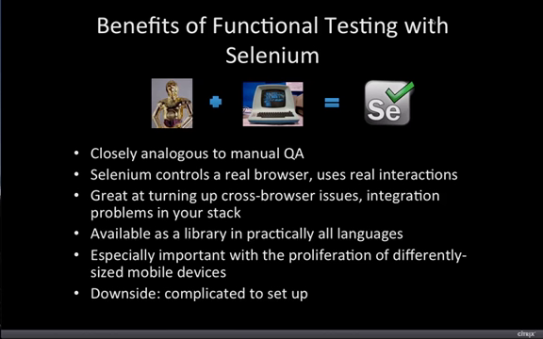It's also great at turning up integration problems in your web stack. So if there's a problem in your controller code, Selenium will uncover it because it will trigger some error. All it might see is that there's a 500 internal server error or something like that, but it will at least let you know that there's a problem with this particular behavior.